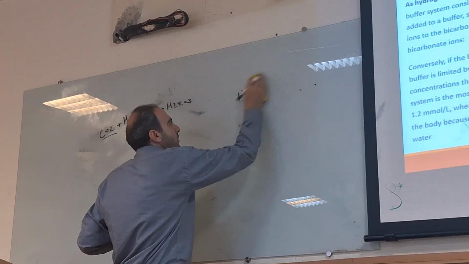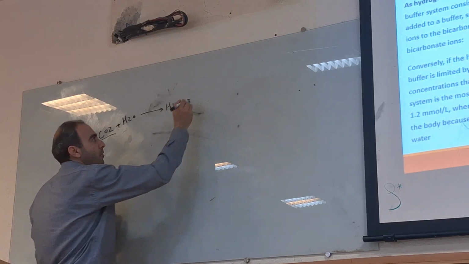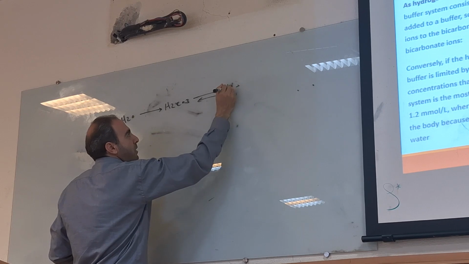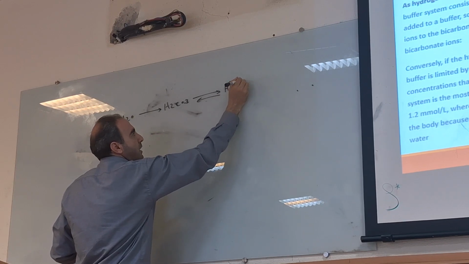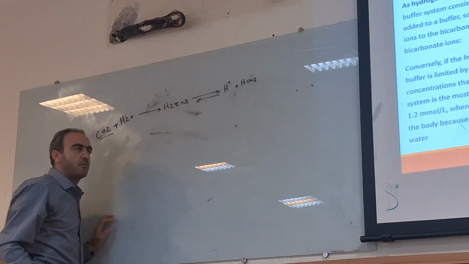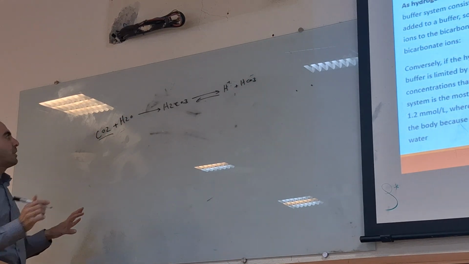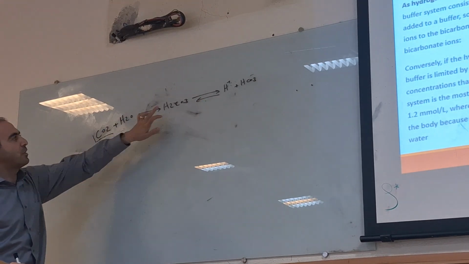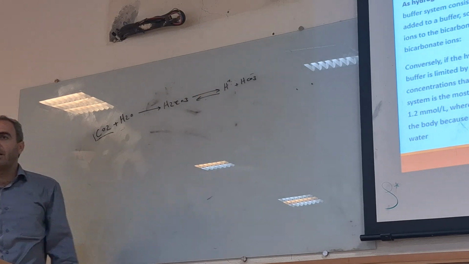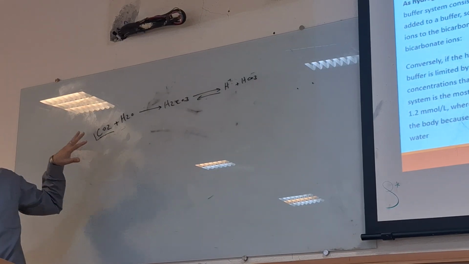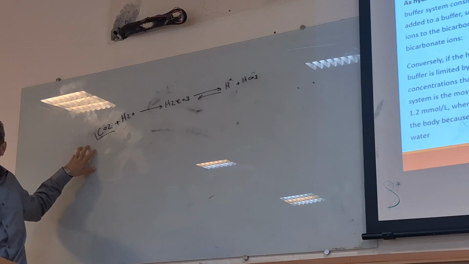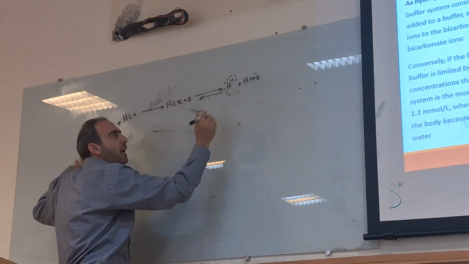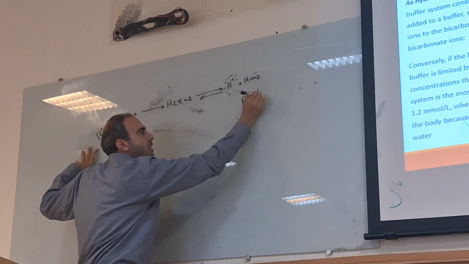And finally it converts to bicarbonate and H positive. So all the time, CO2 is equal to H plus, or to carbonic acid or bicarbonate, it doesn't matter. When we say we have oxidation or metabolism in the tissue, we create H plus, and it means the pH will decrease in the tissue.